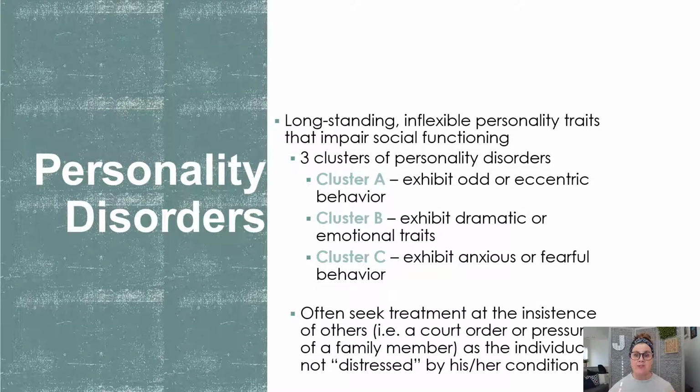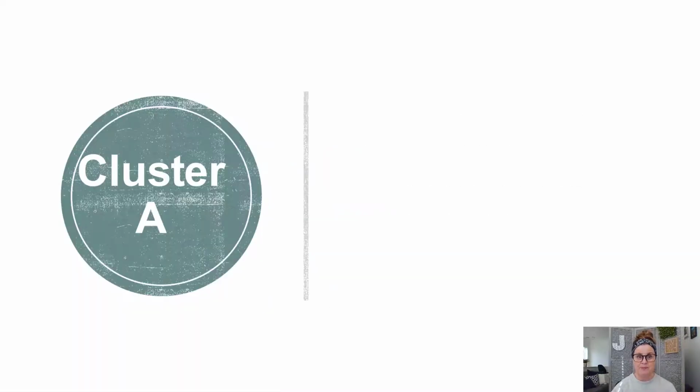And they live with that person. They personally don't feel distressed by their condition. But what is often happening is their personality, this disorder for them, is dysfunctional in the world around them. And so that's how it becomes a disorder.